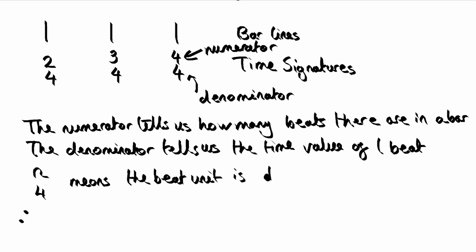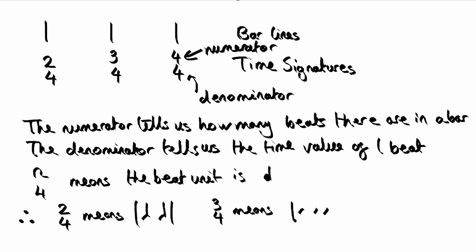Therefore, those 3 dots mean 2/4 means 2 crotchets in a bar. 3/4 means 3 crotchets make up every bar, and 4/4 means 4 crotchets in every bar.